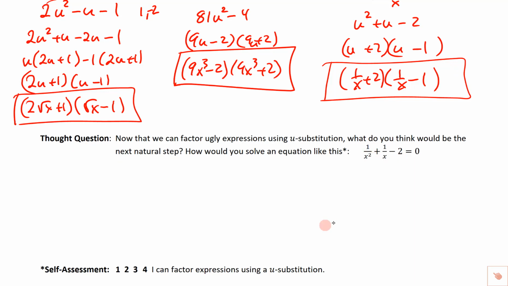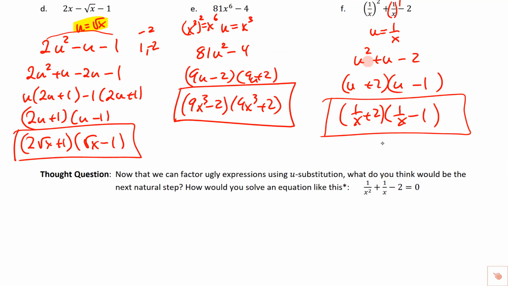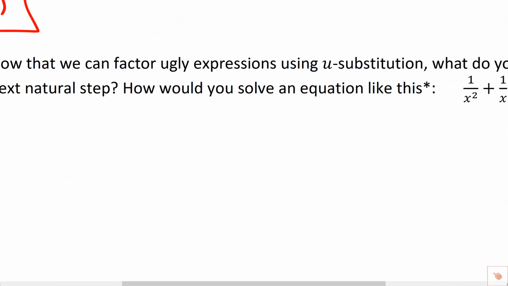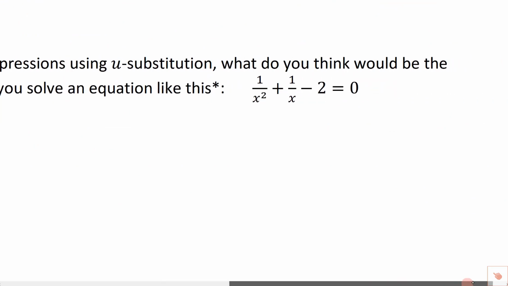But if you ran into something like this, I want you to notice that it's written a little bit different than that right there. So again, recognizing that this middle one is 1 over x, and that the one next to it, the leading one, is 1 over x squared. What we want to do is take this and do something once we've factored this.